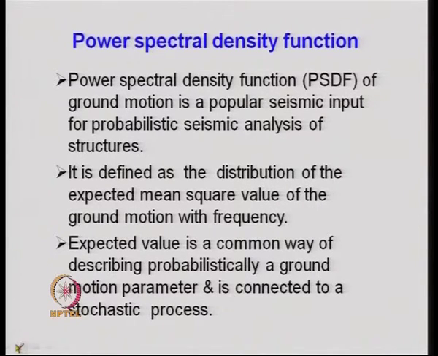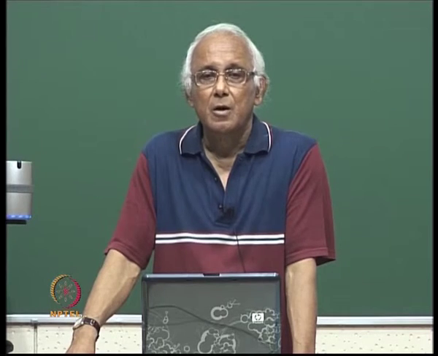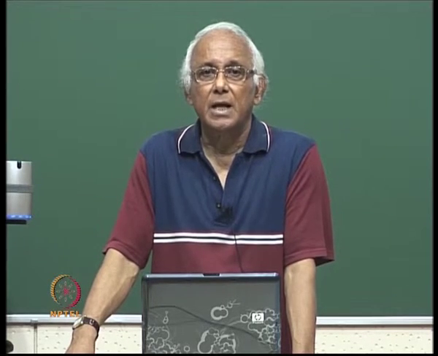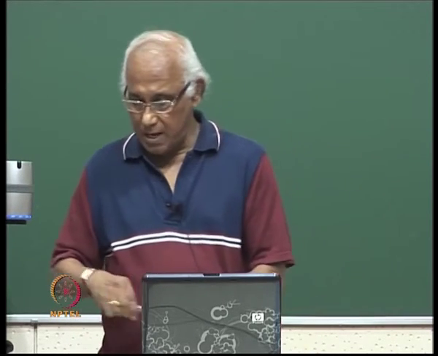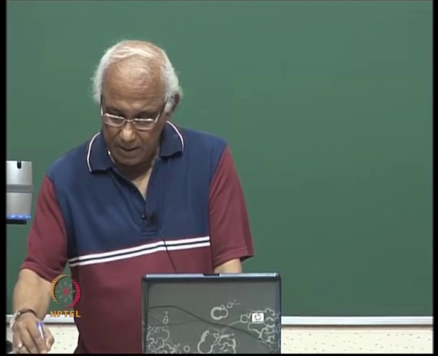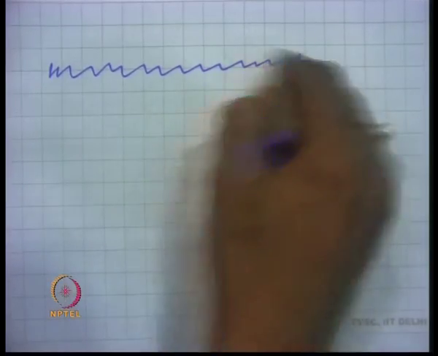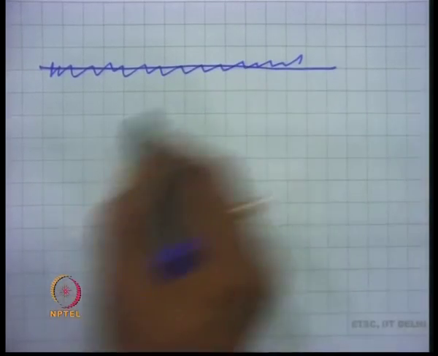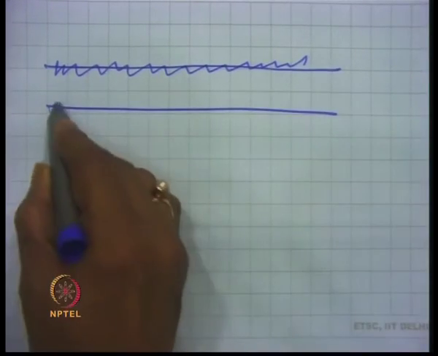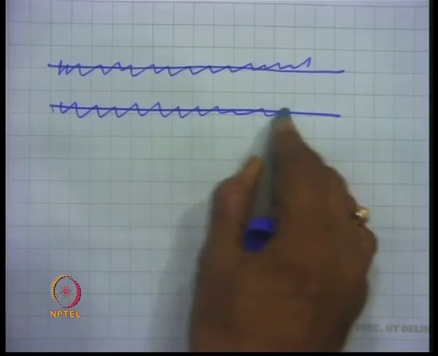Whenever we talk of a random process, or whenever we model earthquake as a random process, then we do not talk of a single time history. We collect an ensemble of time histories like this. This is one time history, then you have another time history.